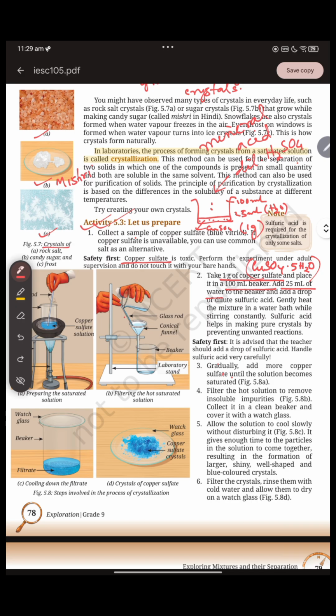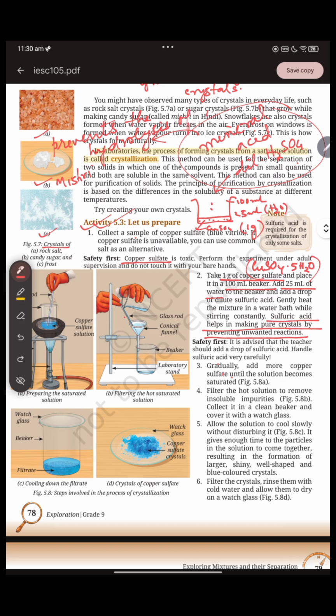When you are adding drops of dilute sulfuric acid, what is the need of adding sulfuric acid during the process of crystallization? Because sulfuric acid helps in making pure crystals by preventing unwanted reaction. The sulfuric acid which you are adding prevents the hydrolysis of copper sulfate.